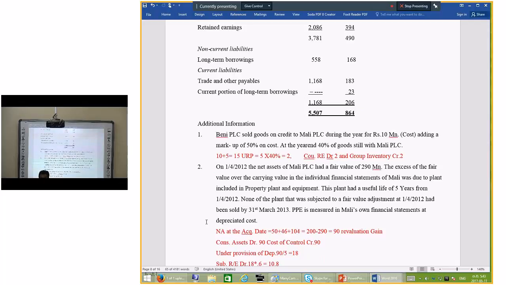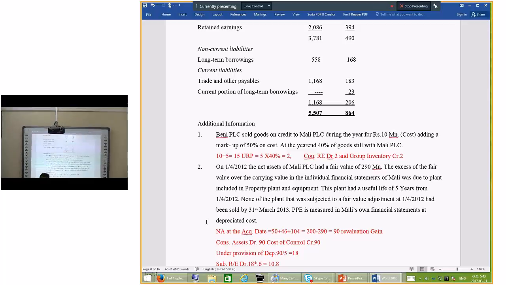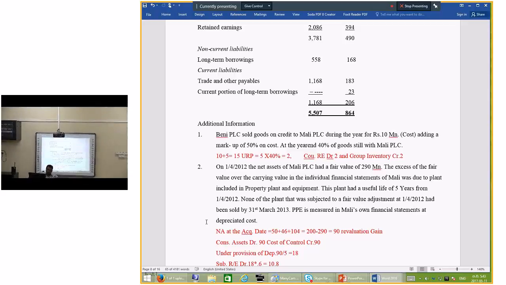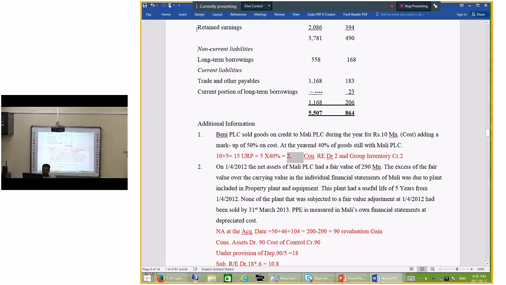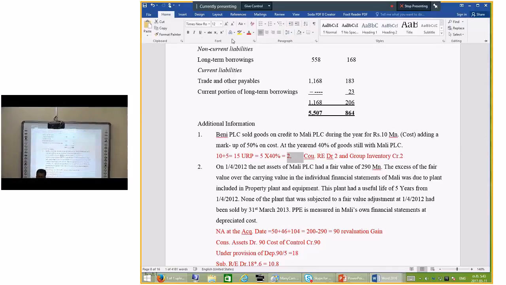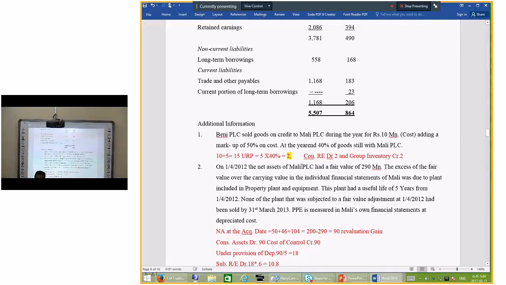Out of that, only 40% remain at the end of the period. The total cost is 10, the added profit is 5. Out of that we need to take only 40%. 40% means 2. Understand? These two. So then pass a double entry.